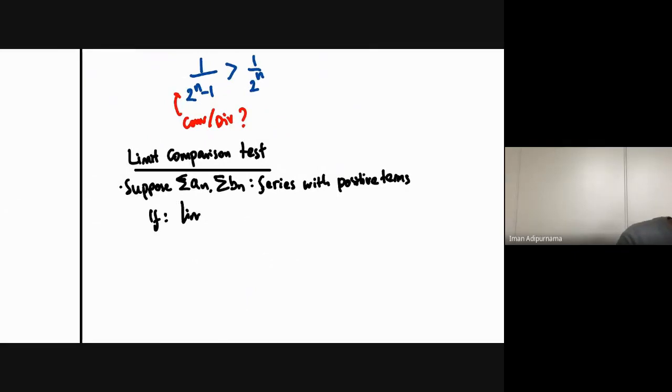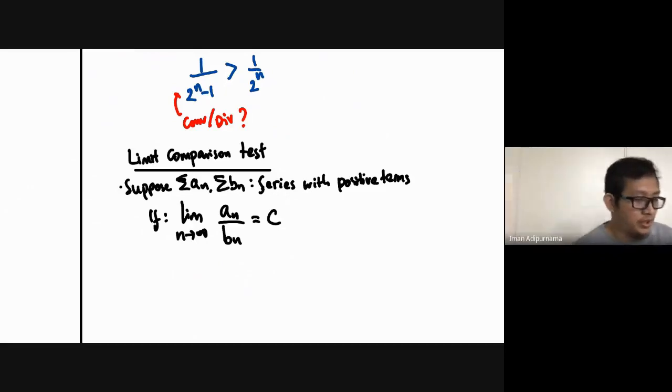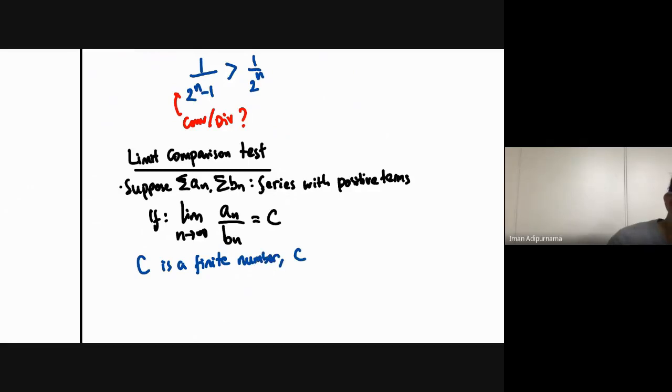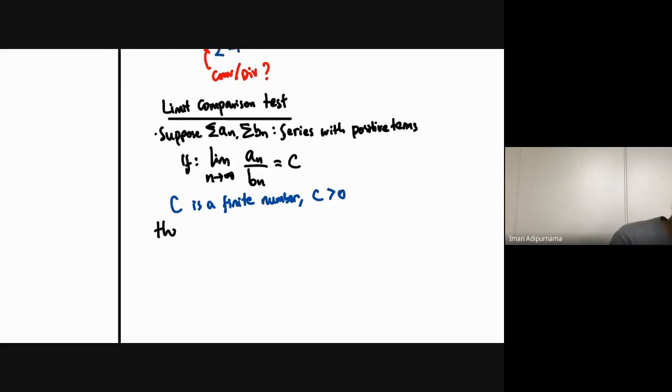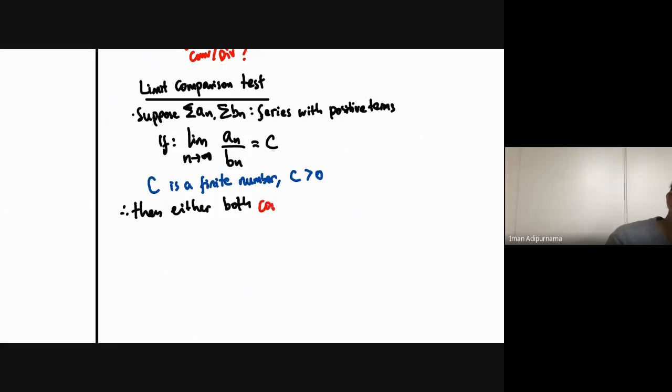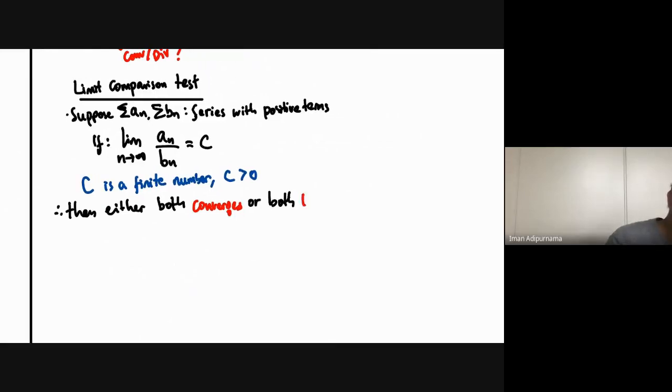If the limit of an over bn is equal to c, where c is a finite number and c is greater than 0, then the conclusion is that either both converge or both diverge.